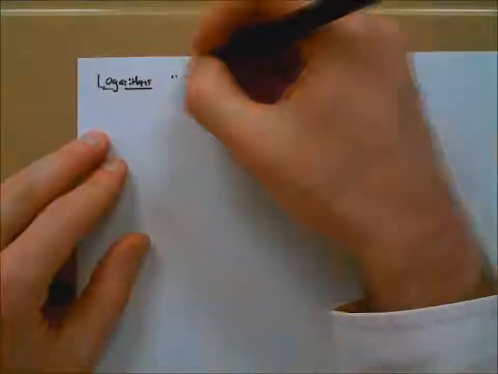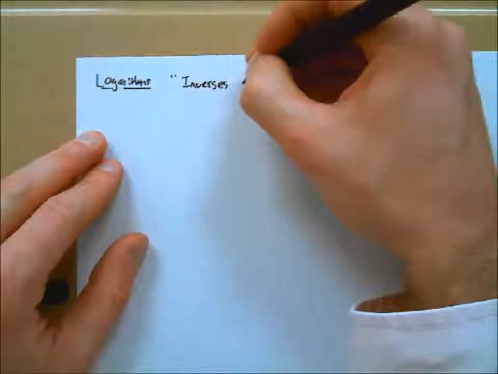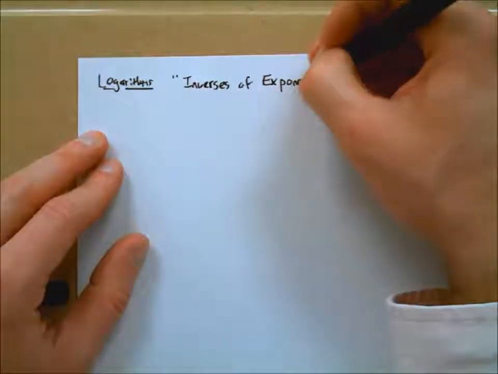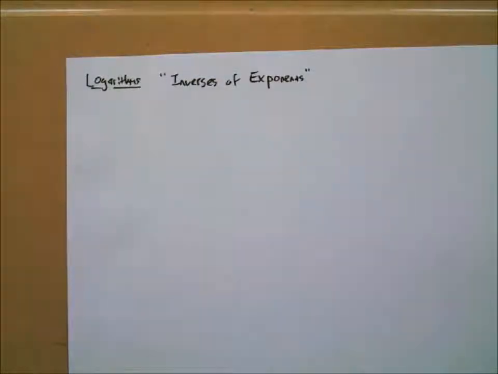Or, when you learned about addition, you later learned about subtraction. When you learned about multiplication, you later learned about division. And so here with exponential functions, we now are going to talk about logarithms, which you can think of as being like the inverses of exponents. They kind of eliminate exponents. That's one way you can think about it.